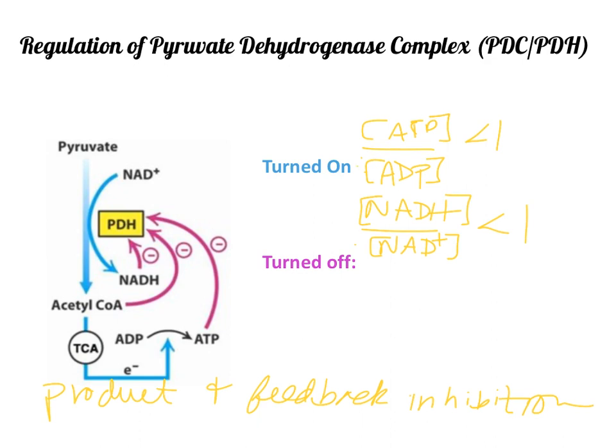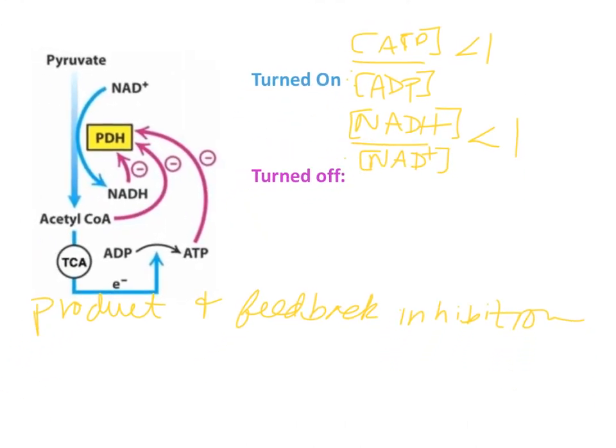And basically the opposites of these are true except for one extra piece. So turned off when you have a lot of ATP, this is your feedback inhibition. And I can show you this on the diagram. And then NADH, you have a lot of NADH, that will come back and product inhibit.